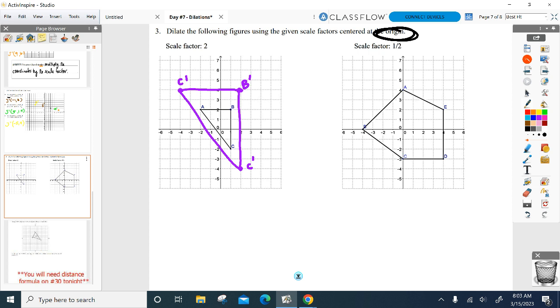And this is why your figure gets bigger, because those points are moving further away. And then go ahead if you want, feeling crazy, go ahead and dilate that 1, 2, 3, 4 pentagon by a scale factor of 1/2. So all your points should be getting now closer to the origin. That's why it gets smaller. So points are getting further away or closer in a dilation.